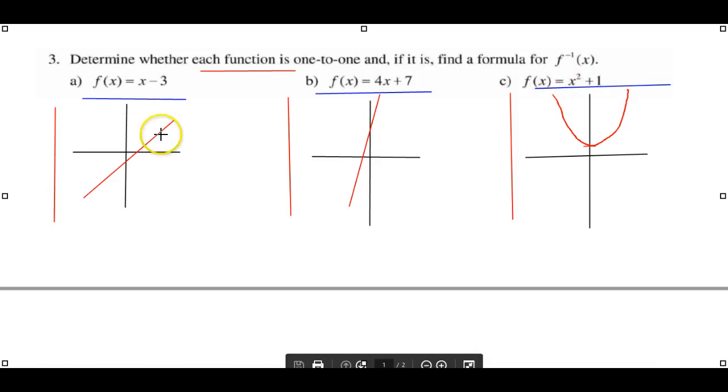Here it only intersects once as it comes down, the horizontal line test. So these two have an inverse, but this one doesn't. Why not? Because where it is a function, it doesn't pass the horizontal line test, and therefore is not one-to-one.